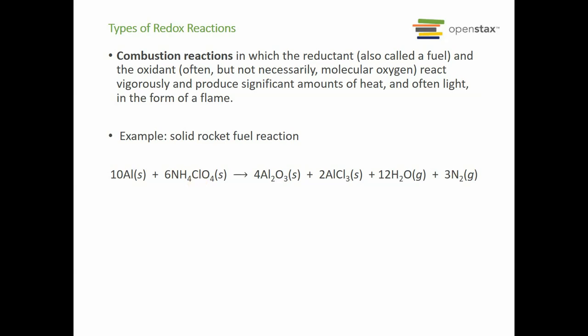So x is plus 7. This is a plus 7 oxidation state. And the nitrogen goes from a minus 3 oxidation state to a 0 oxidation state as an element.